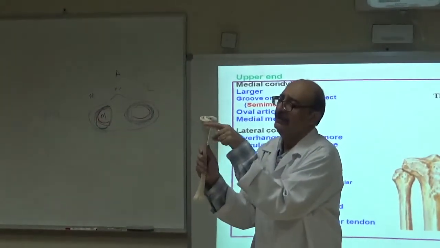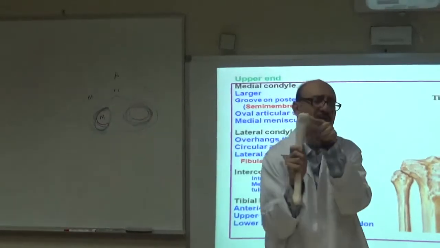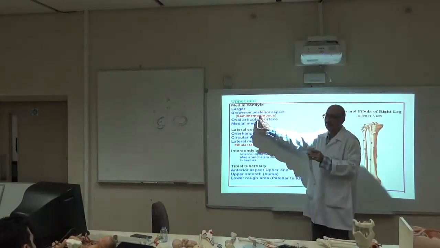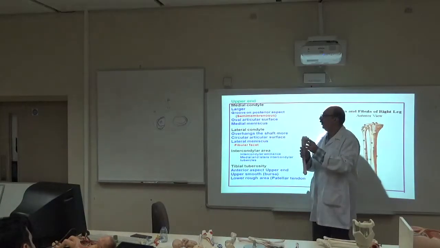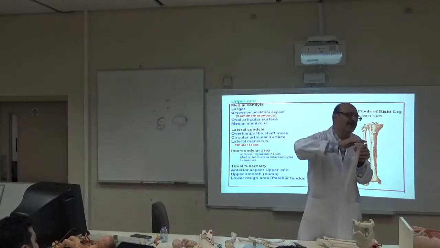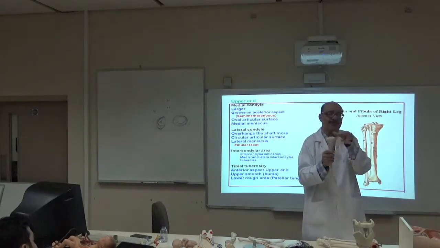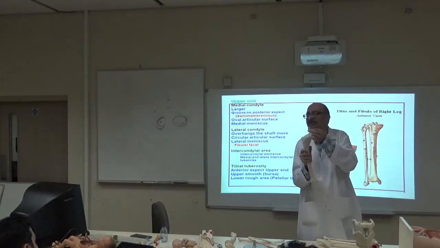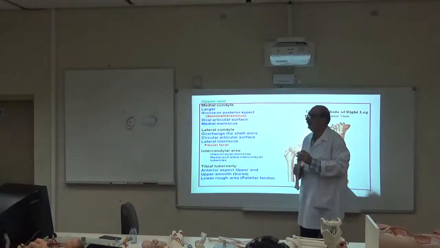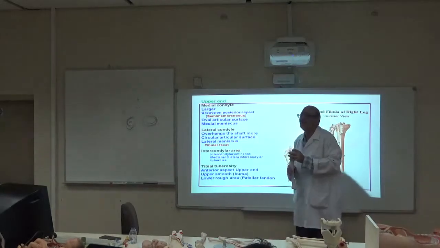Just here, you are seeing a horizontal sort of a groove. This is called popliteus, semimembranosus groove. Then oval articular surface. Articular surface is the surface which is lined by hyaline cartilage, and of course there is a meniscus which is called medial meniscus on this. So this is completed.